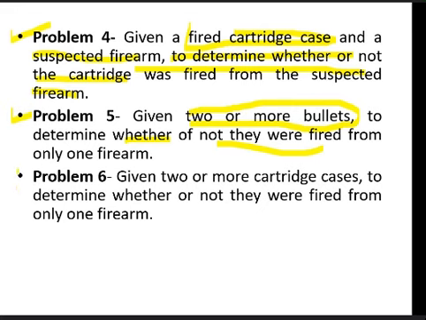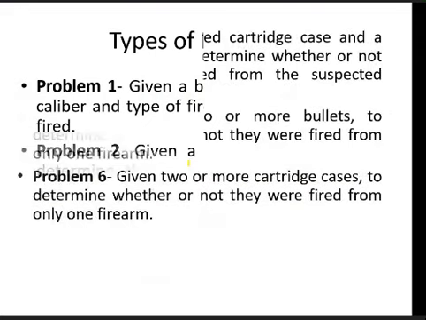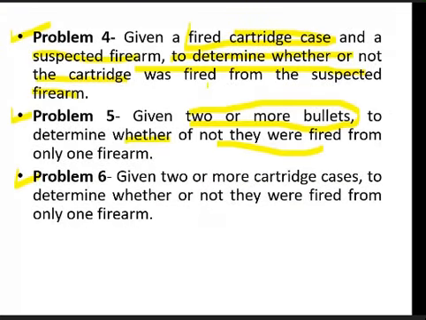And of course, we have problem number 6. Given 2 or more cartridge cases, to determine whether or not they were fired from only one firearm. So you can see the sequence, right? The sequence: first, bullets or fired cartridge case, just one. Second, we have bullets and suspected firearms. Fourth, we have cartridge case and suspected firearms.